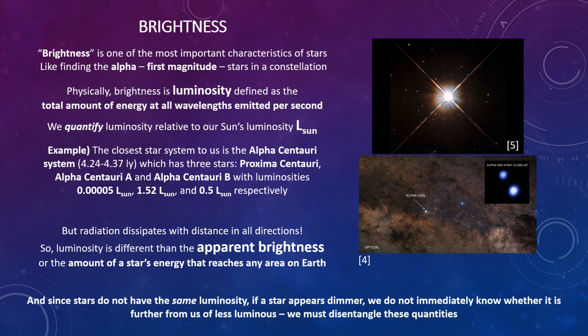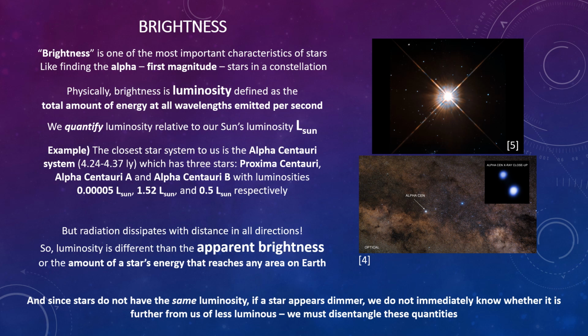Because if you remember our inverse square law, the amount of energy dissipates with distance in all directions. So what we see is the apparent brightness, or the amount of the star's energy that reaches Earth. And that's different than the luminosity of the star, which is the total amount of energy that is being emitted by the star.